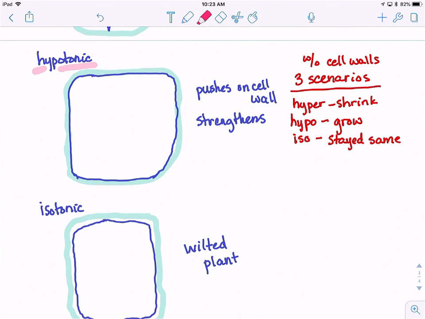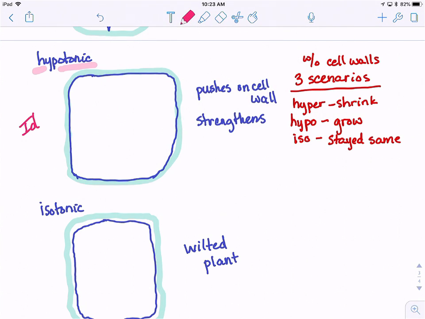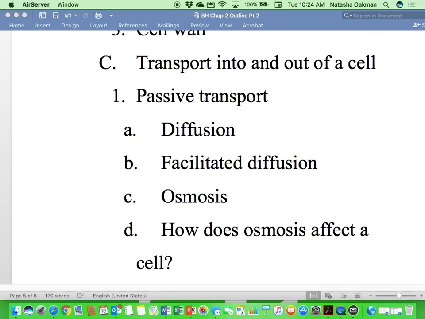This is ideal for plants or for cells with a cell wall. Any questions? We're good. Okay.